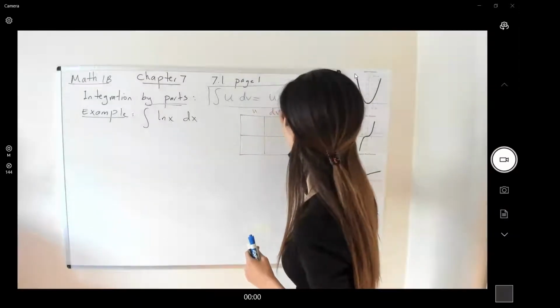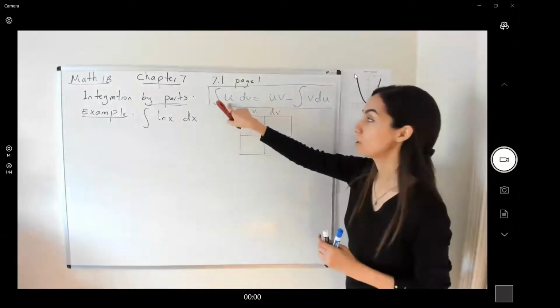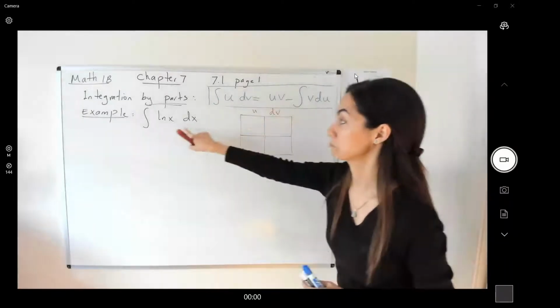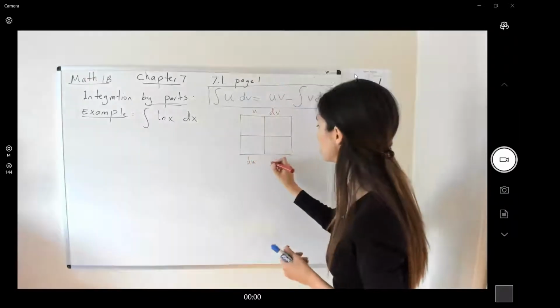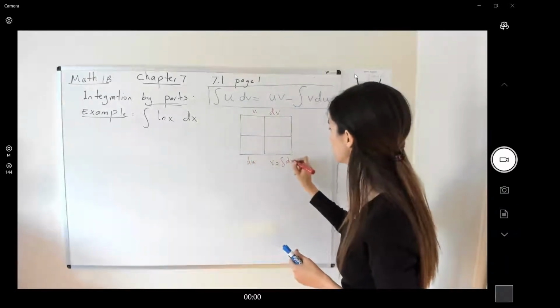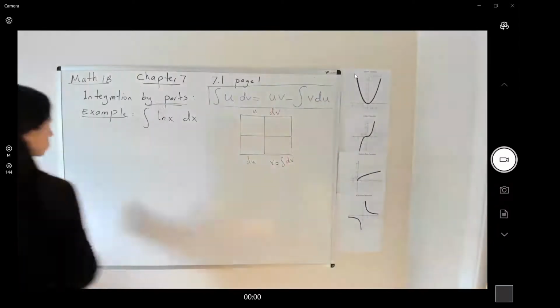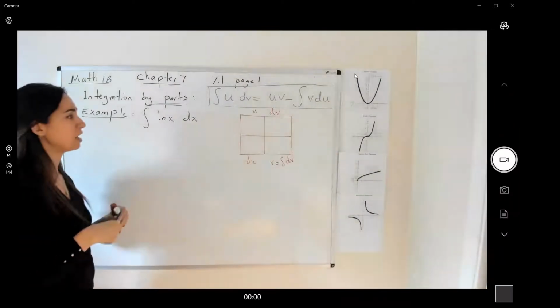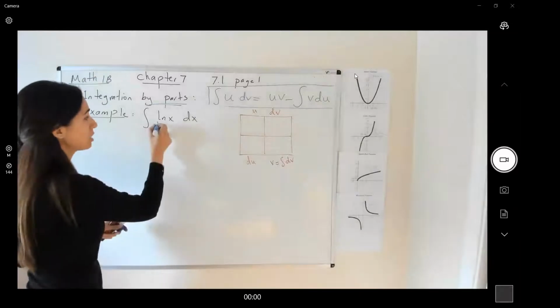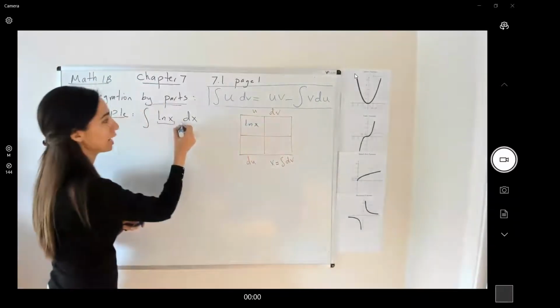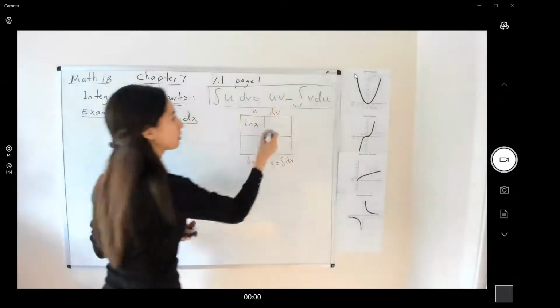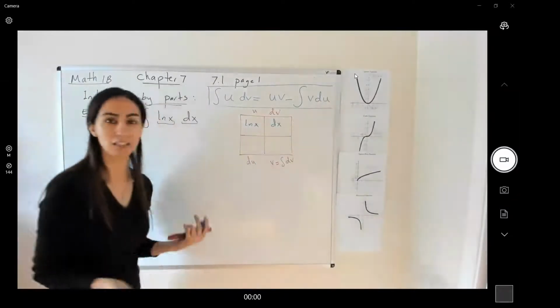I need to find u, I need to find dv, and then take the derivative of u, then take the integral of dv. Okay, you might say, I only have ln of x here, so I'm going to take ln of x to be my u, and I only have one dx, so my dx is going to be just dv.